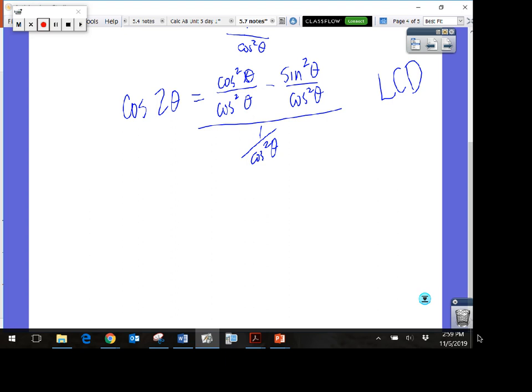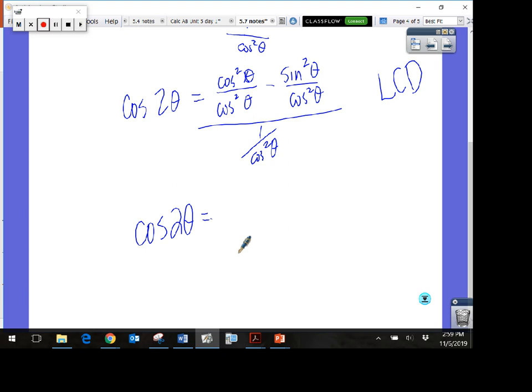LCD. Now, some of you know that when you see all of your denominators are the same, we can really kind of, I don't know, let's see, what would that be called? Divide. So we're dividing, multiplying by the reciprocal. I'm going to go ahead and combine that numerator. Some of you know that you can just get rid of your denominators there.